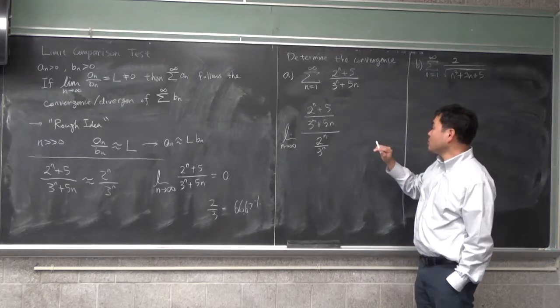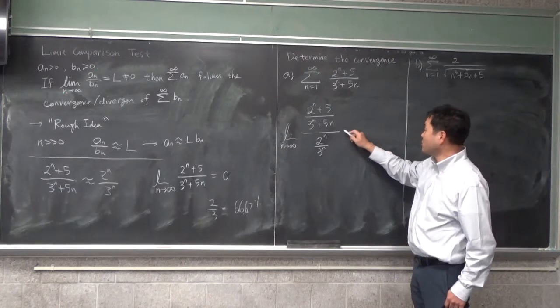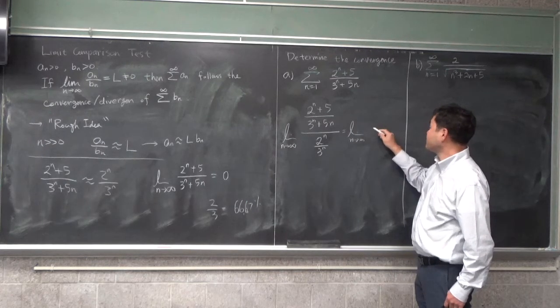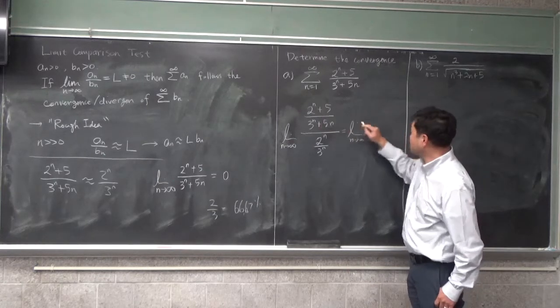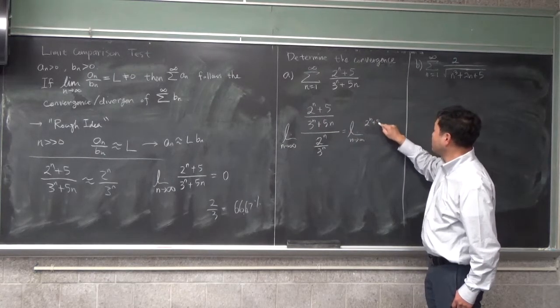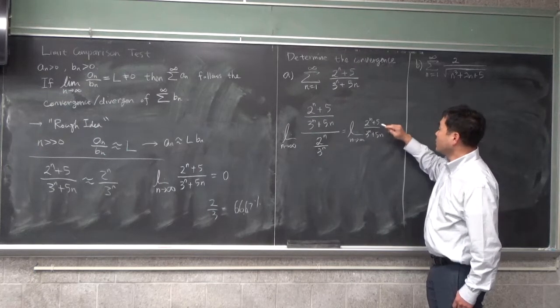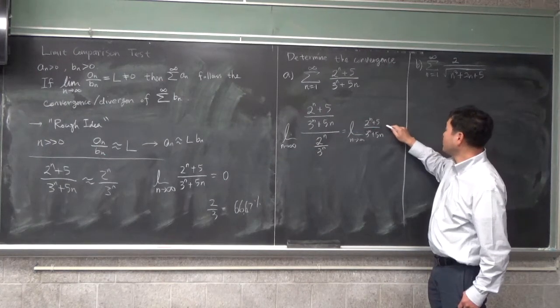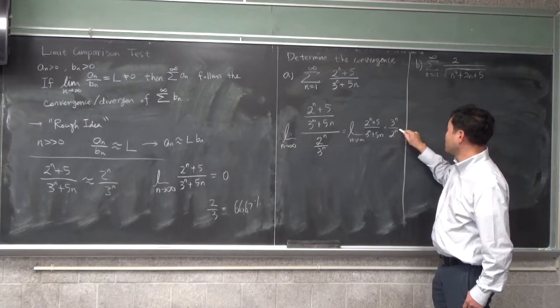Or if you insist on actually writing down the limit rigorously, you would do the limit as n goes to infinity. It's a keep, change, flip, right? So keep the top, and then you flip the denominator up, multiply, so you have 3^n here, 2^n here.